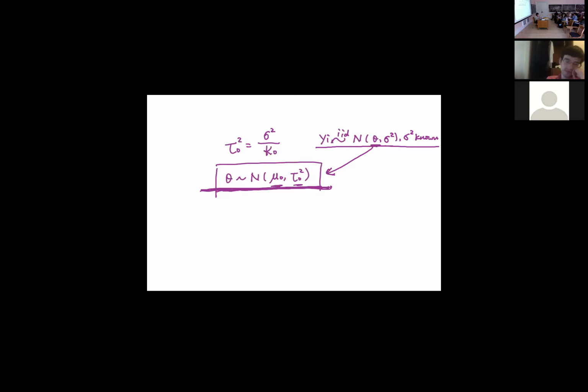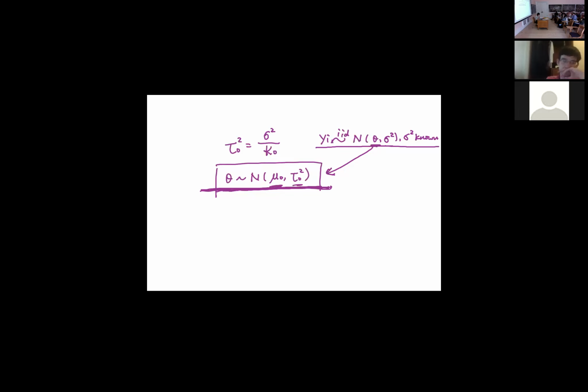For example, like the mid-wing length example over there, they told you what they did, and it seemed to make sense. A lot of times, if you're actually given a particular setup and a set of data points and asked to perform a particular analysis, you need to be very careful, and maybe do a bunch of trial and error in order to decide what normal prior you're putting on.